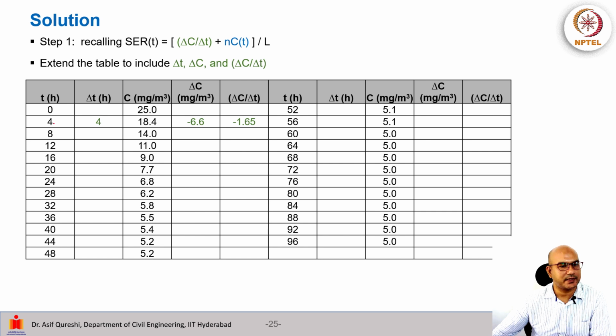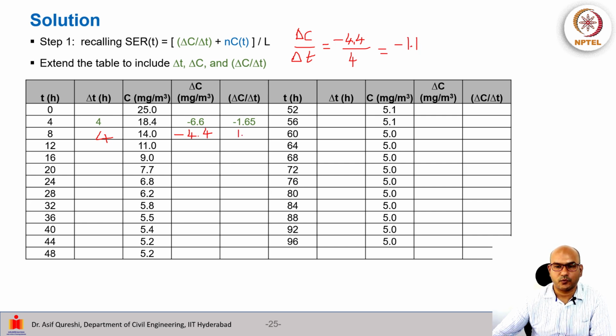Then we can do the same thing here. Again the delta T is 8 minus 4, so we can put 4 here. Delta C would be minus 4.4, and then delta C by delta T will become minus 4.4 divided by 4, equal to minus 1.1.